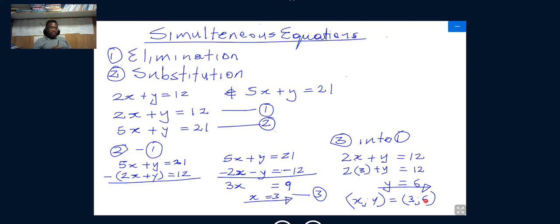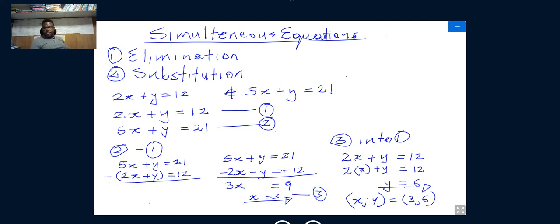In economics, this is the equilibrium point. Yeah, that is it.